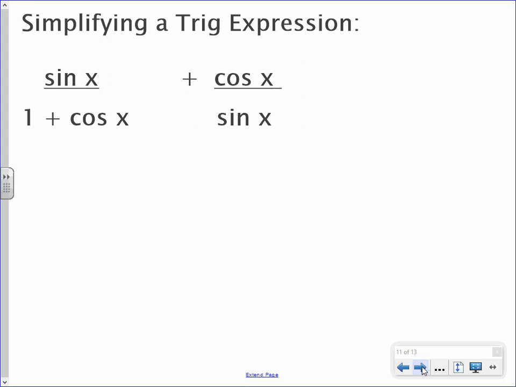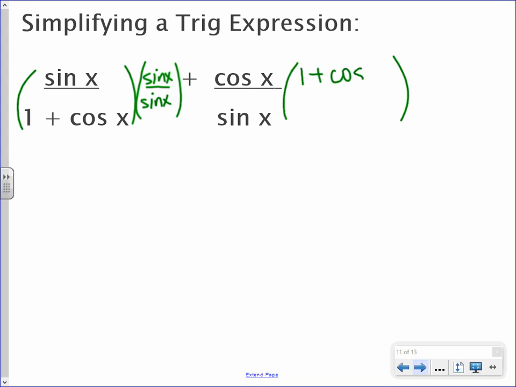No, not at all. So this fraction is going to need to be multiplied by sine of x over sine of x. And this fraction is going to need to be multiplied by 1 plus cosine of x over 1 plus cosine of x. Okay.